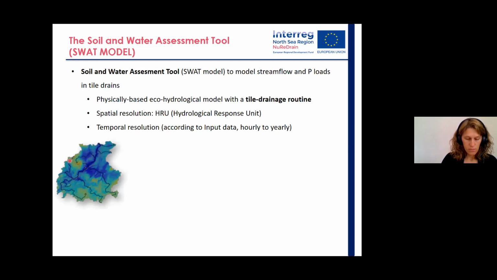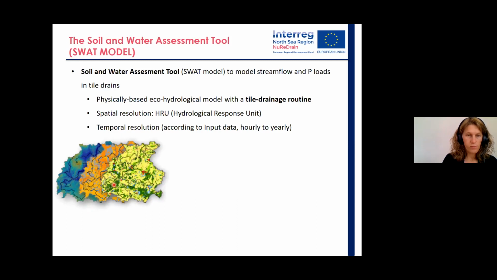The first input is a digital elevation model which delineates the watershed boundaries. Then you add the soil data and a map of the land use in the watershed, which together form the so-called HRU.